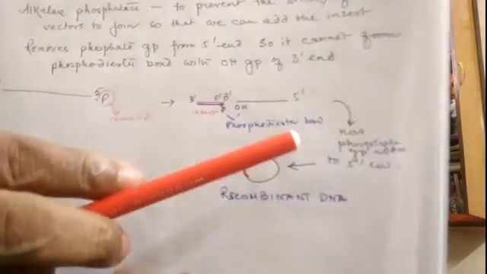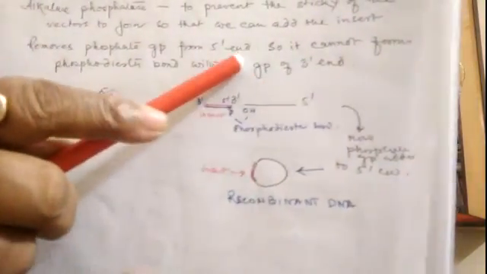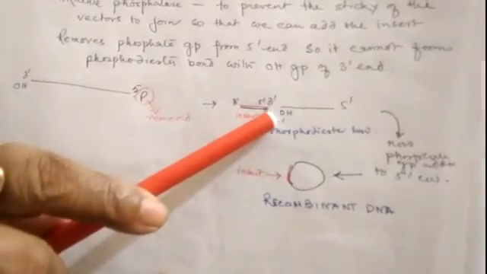So what we can do, we can use alkaline phosphatase. It will remove the phosphate from this 5' end. So the 5' end cannot any further form a phosphodiester bond with the hydroxyl group of the 3' end. And as a result, what will happen?